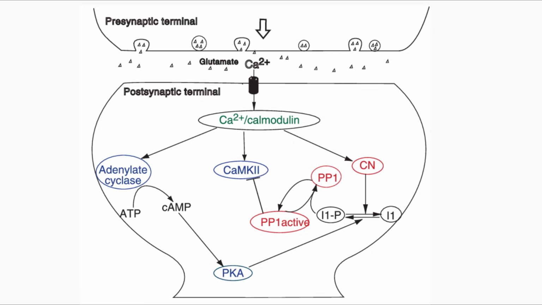Now, one hypothesis is that the crossover point between LTD and LTP induction is governed by whether calcineurin gets activated without sufficient CAMK2 activation. A low to moderate calcium rise, for example, due to a small number of NMDA channels open over a longer time, will favor the phosphatase route. LTD is induced when calcineurin, or PP2B, is activated while CAMK2 is not maximally turned on.